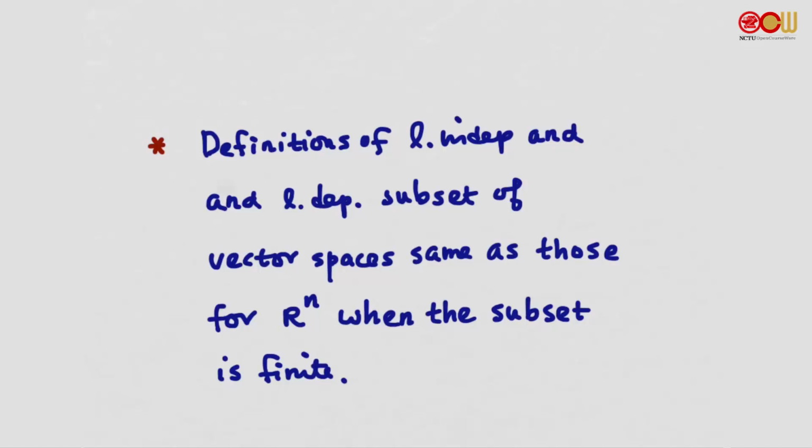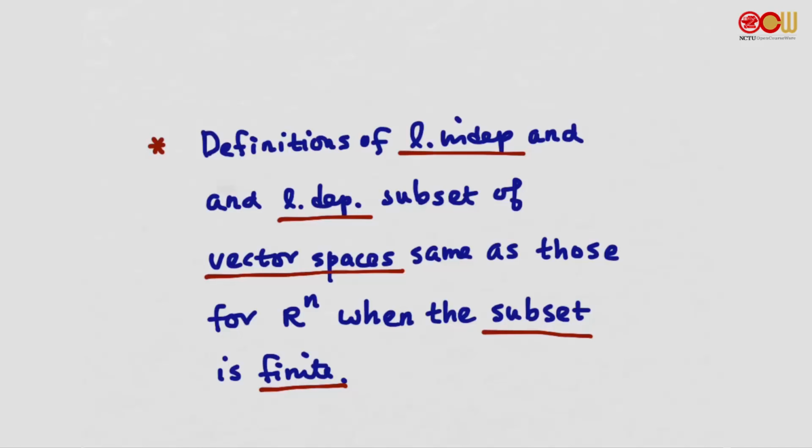When we talked about vector space, when the subset is finite, then the definition of linearly independent vectors and linearly dependent vectors are the same as those in chapters 1 to 6, the same as those for Rn.